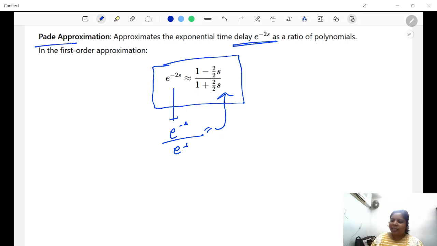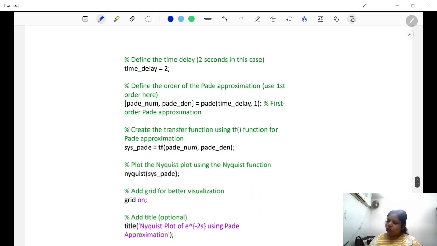The Pade approximation is already inbuilt in MATLAB. So you just define the time delay, which in our case is 2. You write pade numerator, pade denominator, which is given by pade of time delay, comma 1. So it directly figures out that if you call the pade function and give the time delay, there is nothing in the denominator, so it is 1 by default.